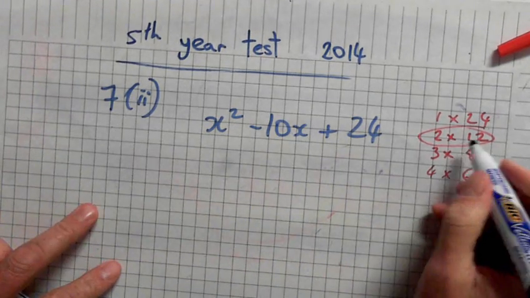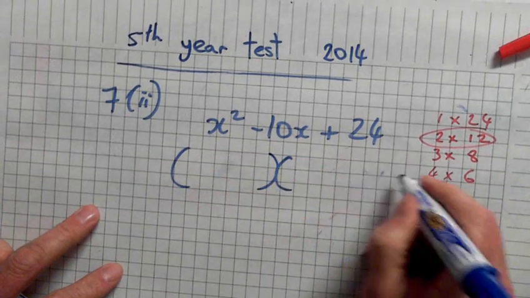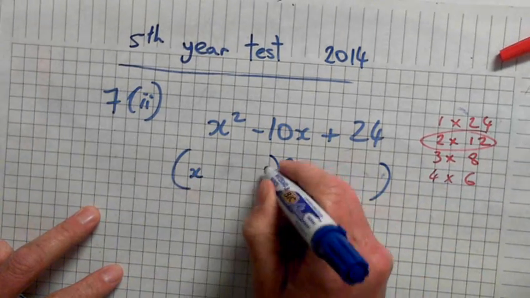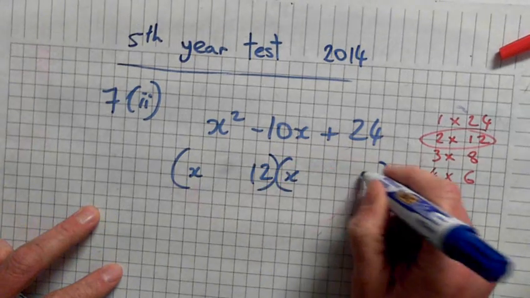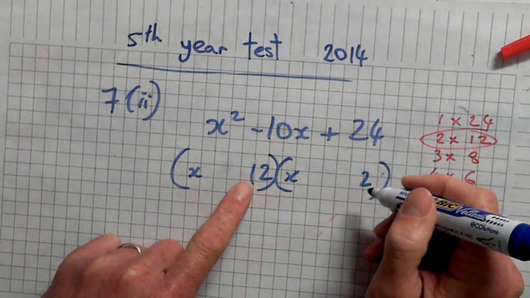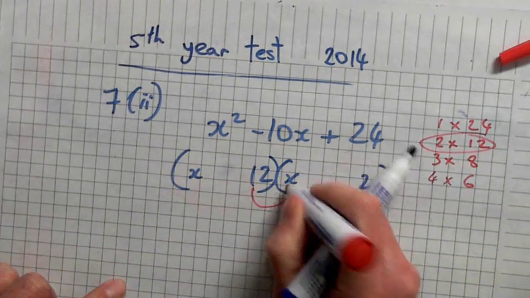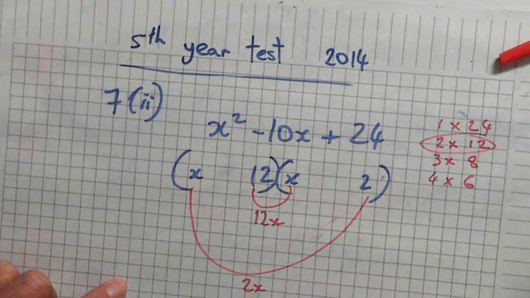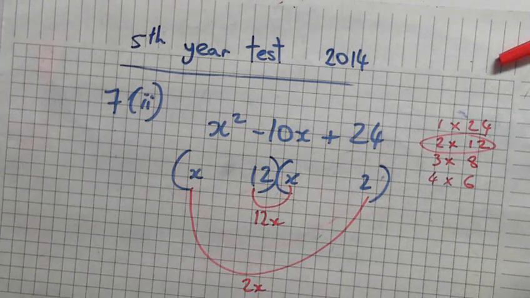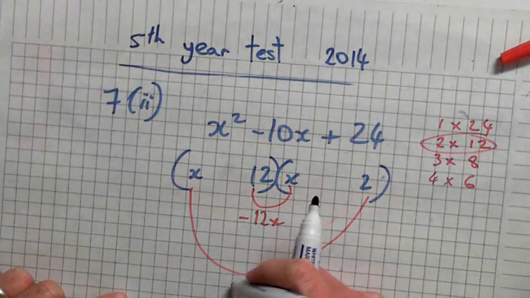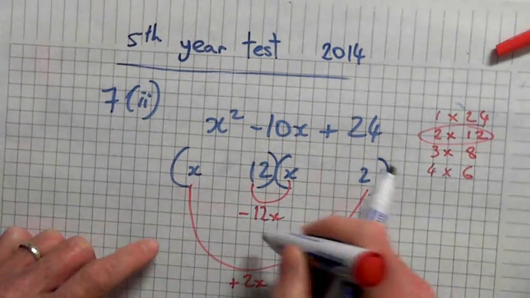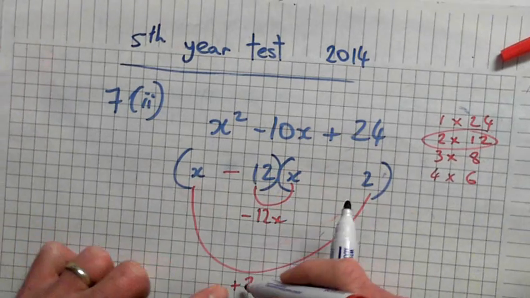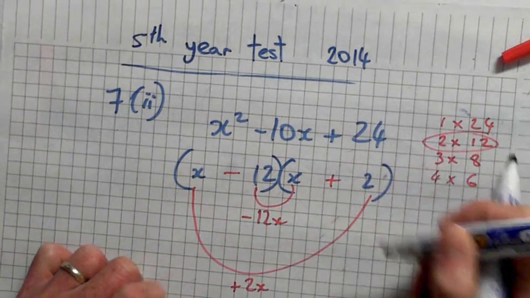I'll have a look at why it didn't work. So 12 and 2. Right, if I multiply these two, that's 12x, multiply these two, 2x. How am I going to get minus 10? I need a minus 12 plus 2 will give me minus 10. But I'll put the minus here, I'll put the plus over here.